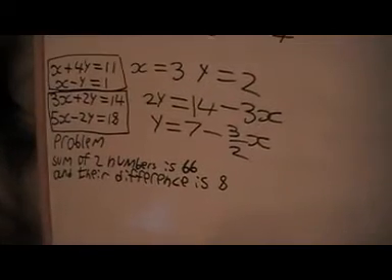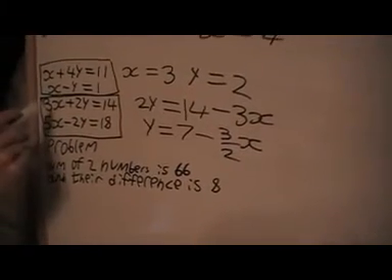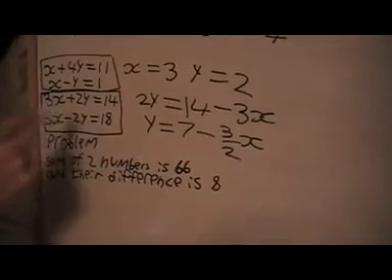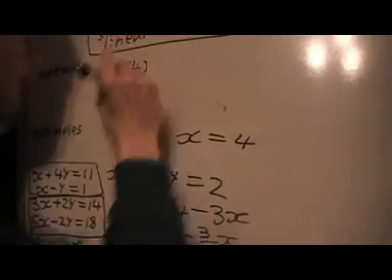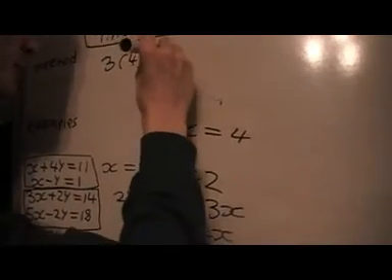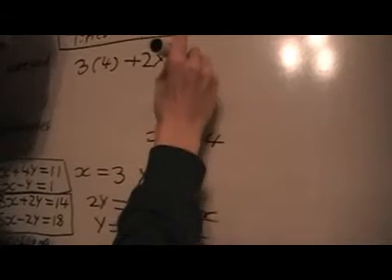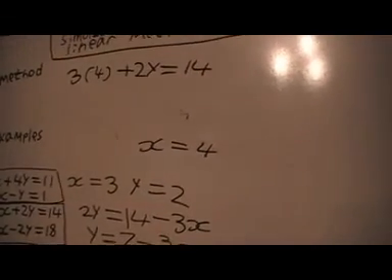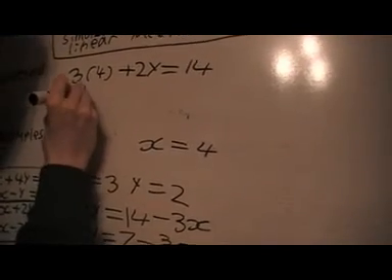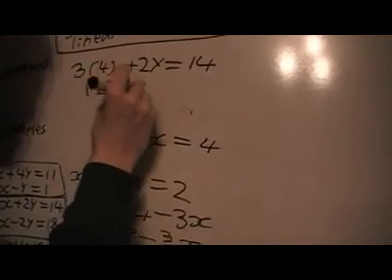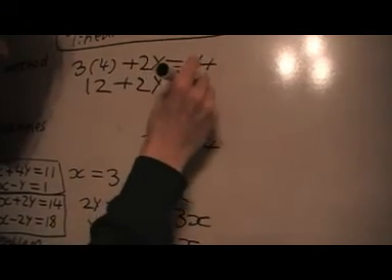So x equals 4, and we can substitute that into one of our equations here. Let's substitute it into the first one. You could substitute it into either, but I'm choosing the first one. So then we get 12 here, plus 2y equals 14.